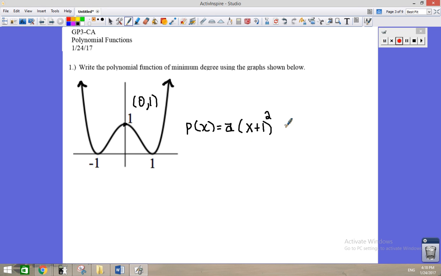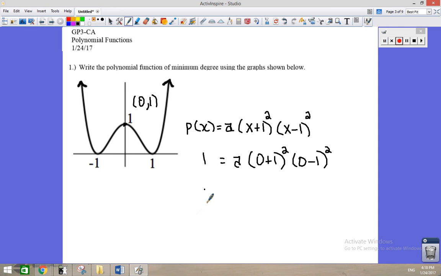And the same here at +1, I'll write it in factored form as x minus 1, and since it's doing a touch and turn, that's squared. Every point on this graph satisfies this equation, and I'm interested in using the y-intercept, when x is 0. I'm picking it because 0 is easy to do arithmetic on.